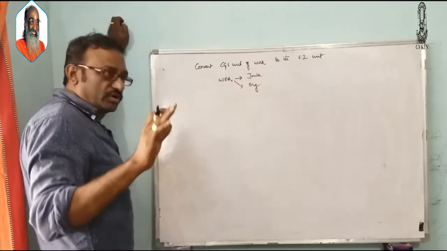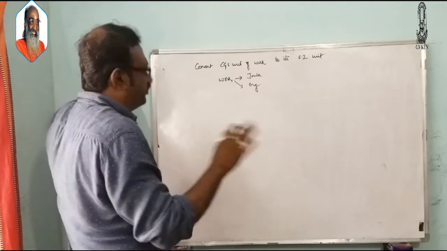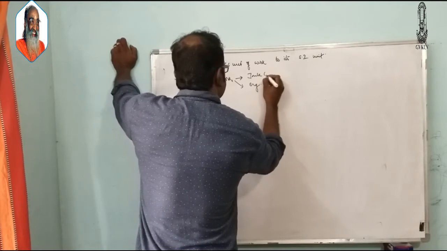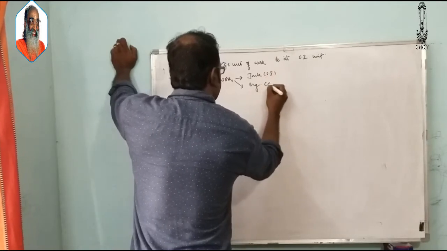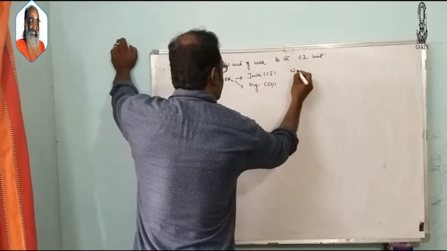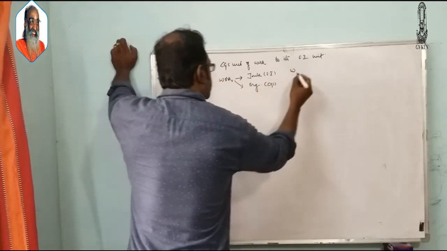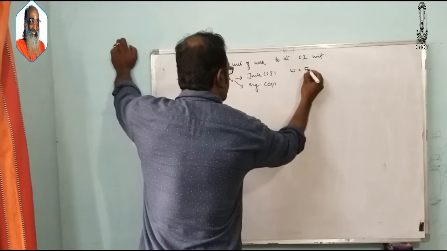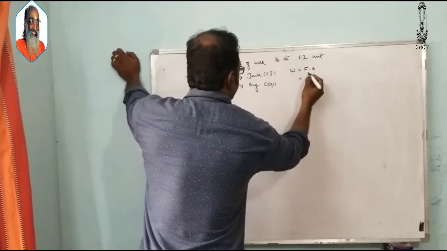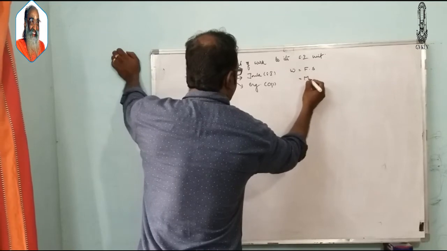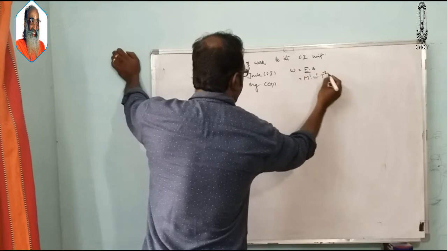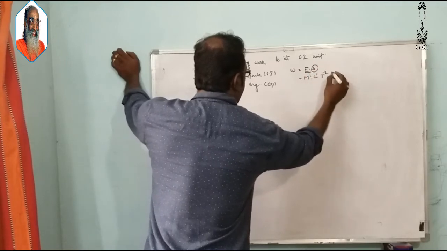The same procedure we followed earlier, we can use it here. We want to write the dimensions for this work, or energy, both are the same. So W is equal to, using the formula F dot S, or F into S. F we already know: M1 L1 T to the power of minus 2, and for S it is L1.